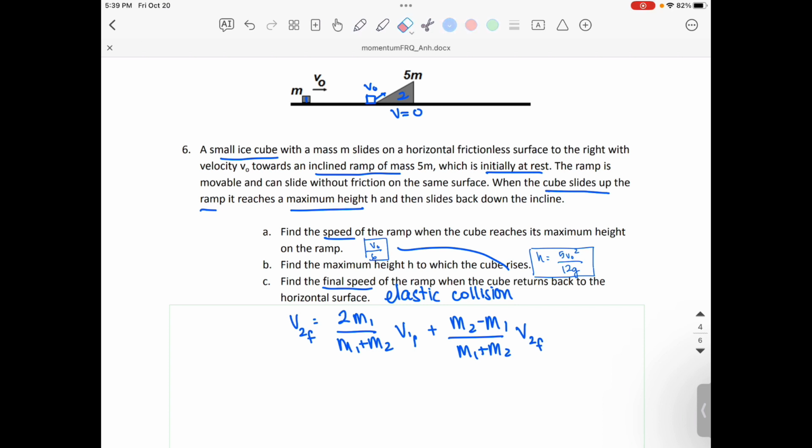I'm messing this up a bit; this is v1 initial and this is v2 initial. Then I can substitute the appropriate values next.